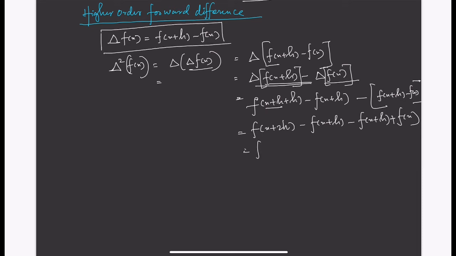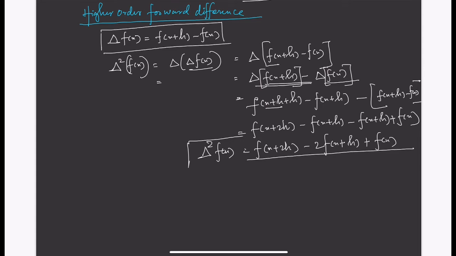So f of x plus 2h minus 2 into f of x plus h plus f of x. This is del square of f of x.